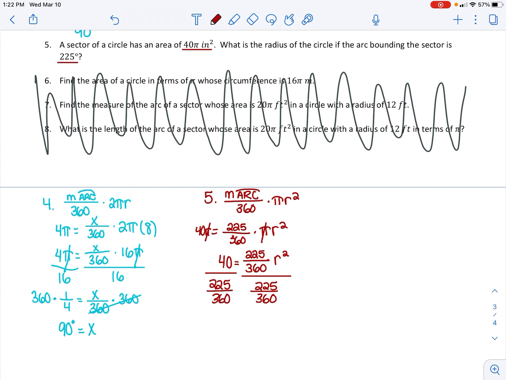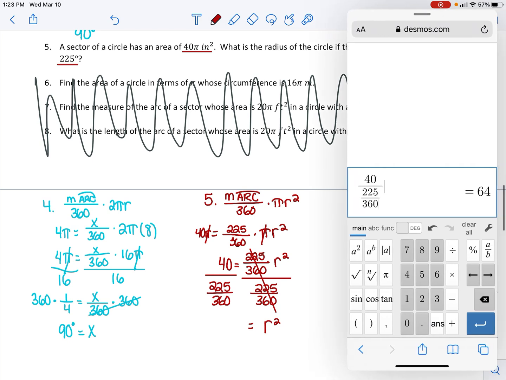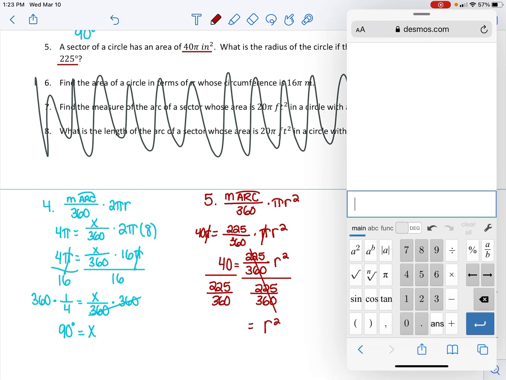Those fractions cancel, and we have r squared is equal to 40 divided by a fraction of 225 over 360.